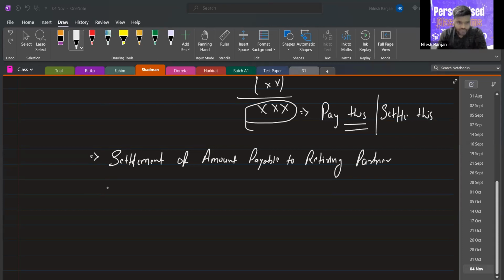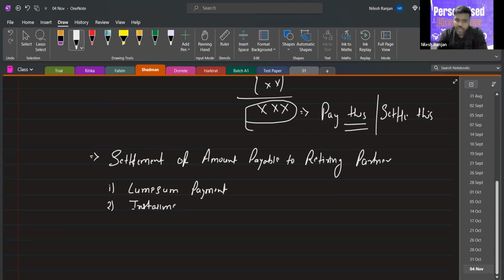Now, there can be a lump sum payment, which means right now we will pay the full amount. The second is installment payment, which means we will pay the amount in installments.